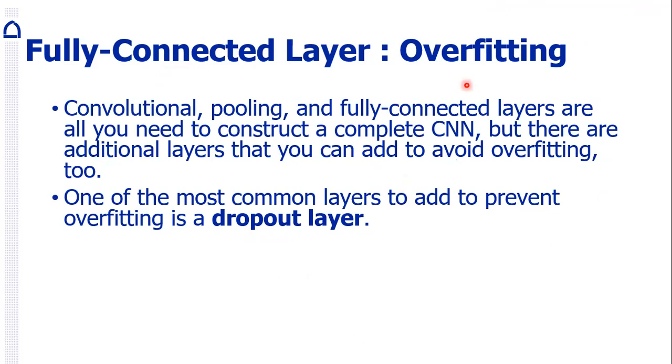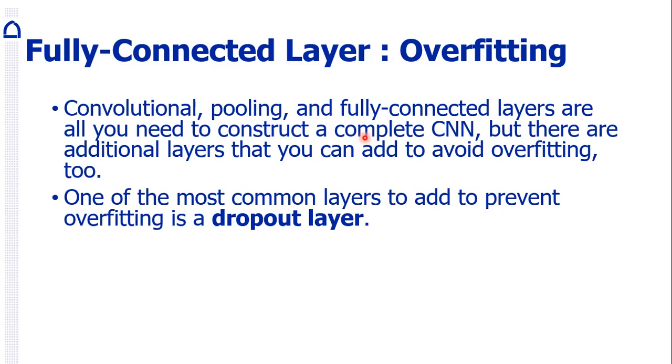Overfitting happens in the training of the convolutional neural network. For example, say we train the network on 100,000 images of dogs and cats.